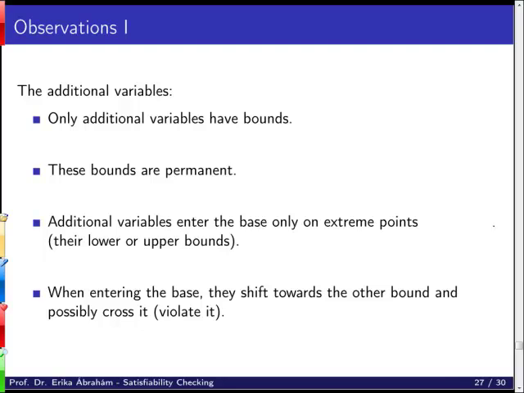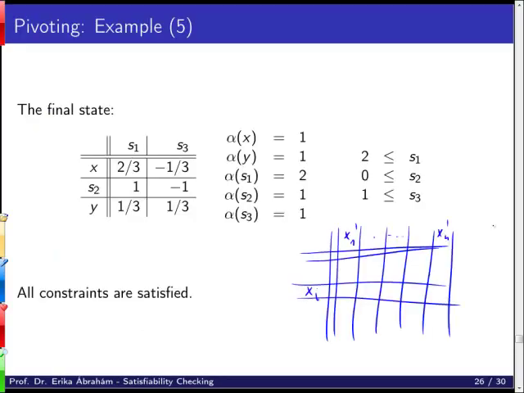So if I find out then that the problem is unsatisfiable, then basically I get a conflict with respect to the additional variables.